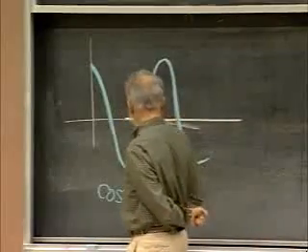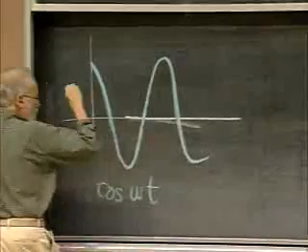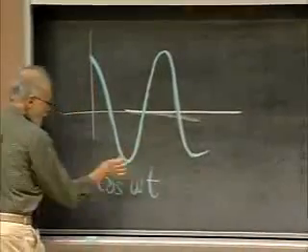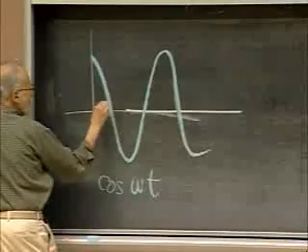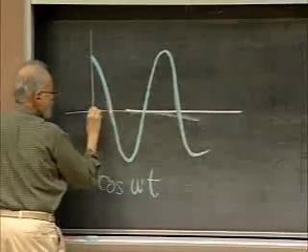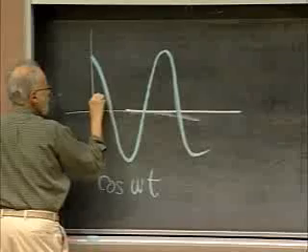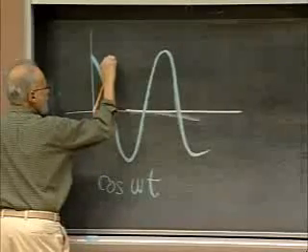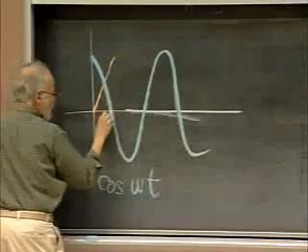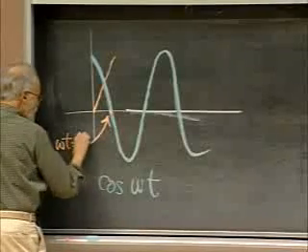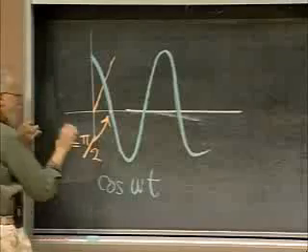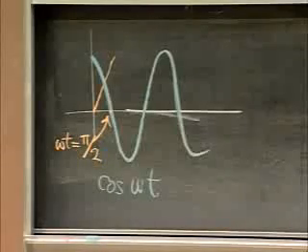Now, where's pi over 2 on the picture? Well, what I do is cosine omega t minus this, I move it over so that this point becomes that one, and the thing will look like this. In other words, this is the point where omega t equals pi over 2. It's not the value of t.